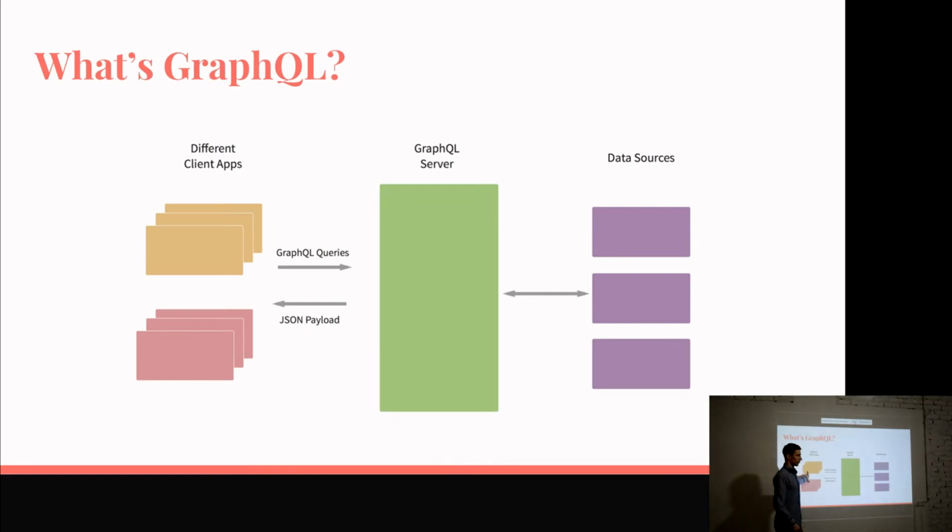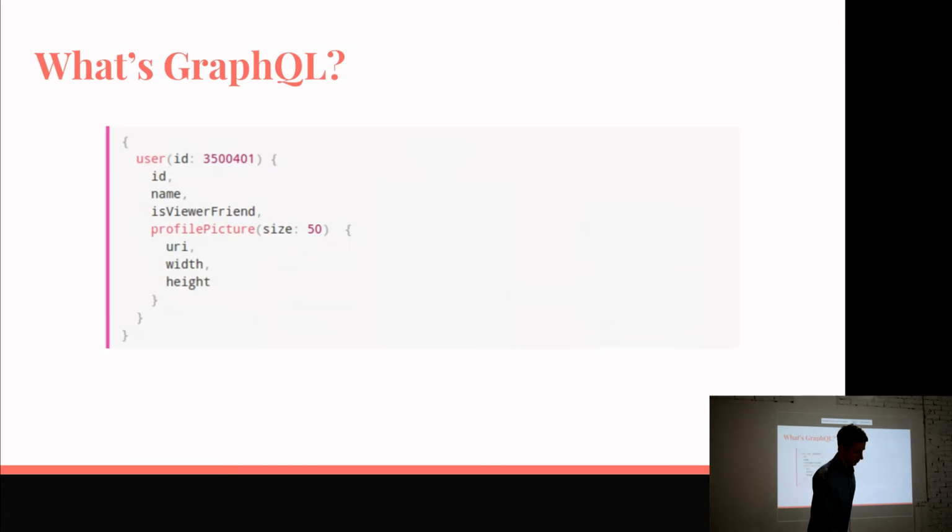You can think of it as something like Active Record, but it is not completely. Why? Let's see what it is. Active Record was an implementation for a particular language, but GraphQL is a language itself.